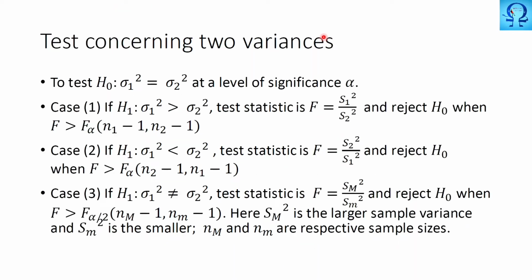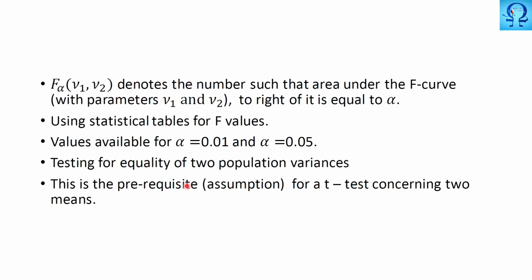When we use the statistical table, values are available for alpha equals 0.01 and 0.05, and we will test the equality of two population variances.